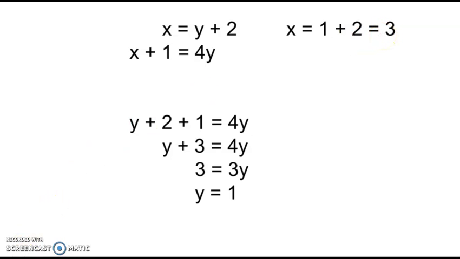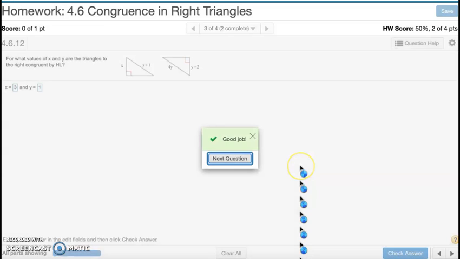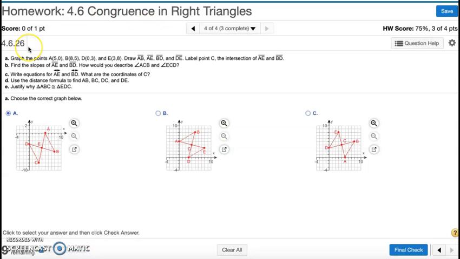So let's type it in. So x is 3, and y is 1. And that's number 3. Number 4. There are several parts to this one. Starting with A. Graph the points A, B, D, and E, and draw the segments AB, AE, BD, and DE.